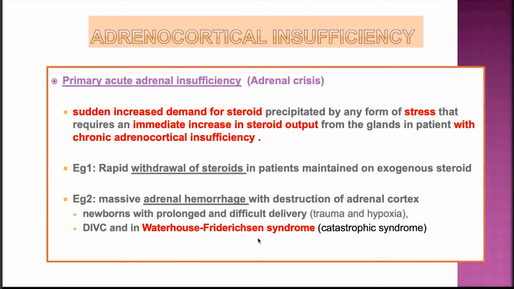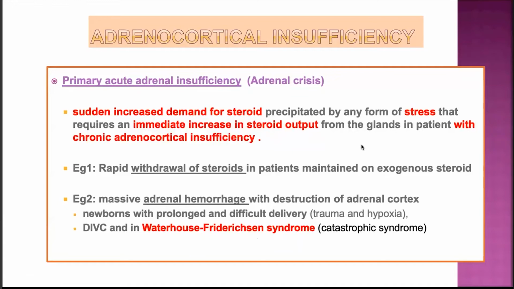This adrenal crisis is actually primary acute adrenal insufficiency, where there is a sudden increased demand for steroid, precipitated by any form of stress that requires an immediate increase in steroid output from the glands in patients with chronic adrenocortical insufficiency. For example, rapid withdrawal of steroid in patients maintained on exogenous steroid, as I told you just now, a patient on a high dose of steroid who suddenly stops.